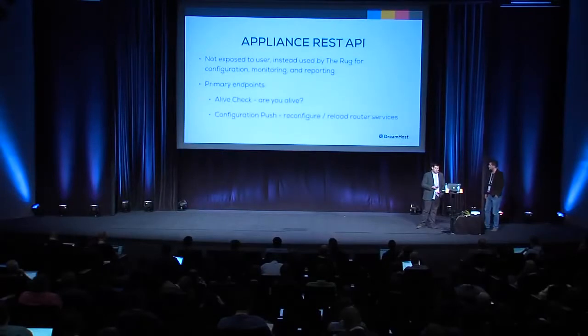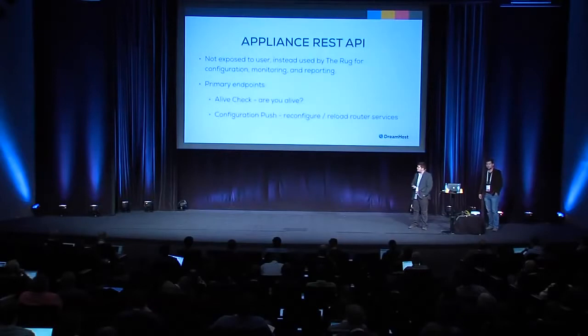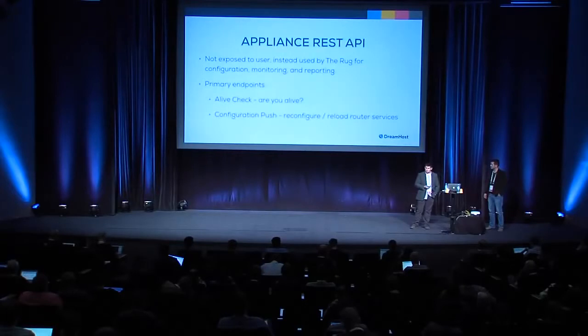And then additionally, this is probably the bulk of the code that encompasses the appliance, a Python service that the rug speaks to. This does a couple things. First of all, it's an HTTP endpoint that the rug can speak to that provides an alive check. Periodically, for every tenant's router, the rug will just ask, are you alive? Are you there?